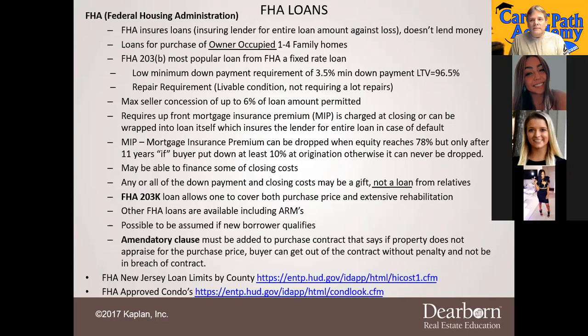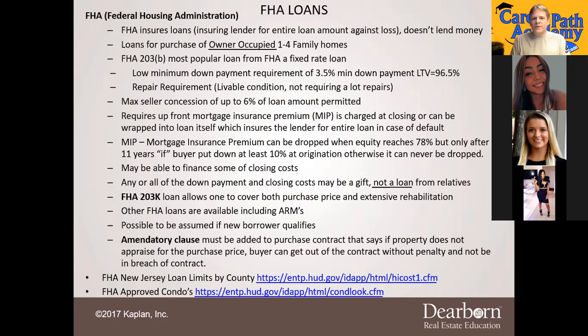How do they do that? Well, FHA is a government insured insurance program. So when FHA forecloses on somebody, those homes then become what we call HUD homes. These loans are for purchasing only of owner-occupied 1 to 4 family homes. They're not for investment properties.